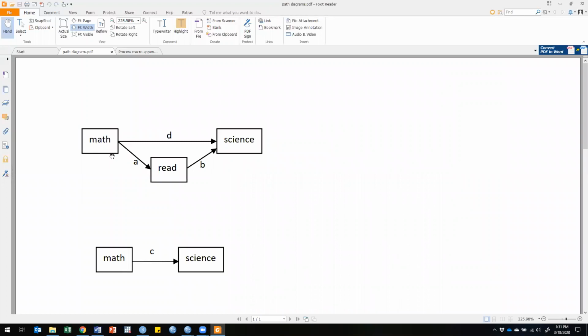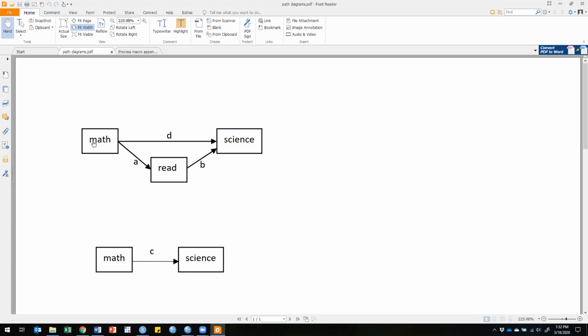We typically in path analysis use rectangles to represent observed variables, and you'll see circles or ovals used to represent latent constructs, or variables that we don't have a direct measure of. That's why you'll see in here that I'm going to use all rectangles or squares, because all of our variables are observed. This is how we would draw our path diagram.